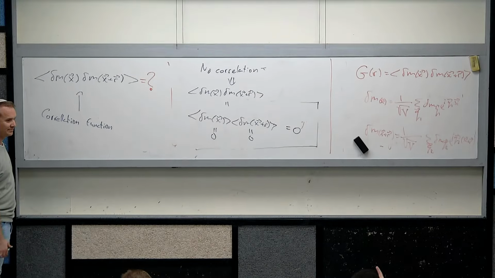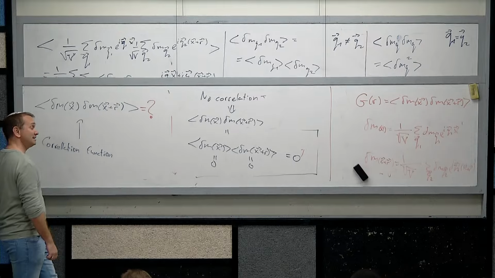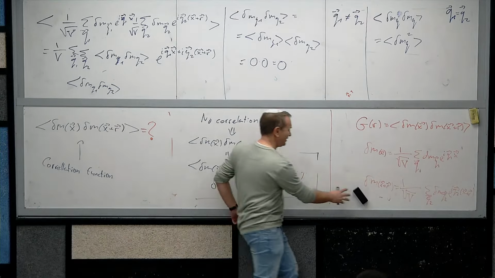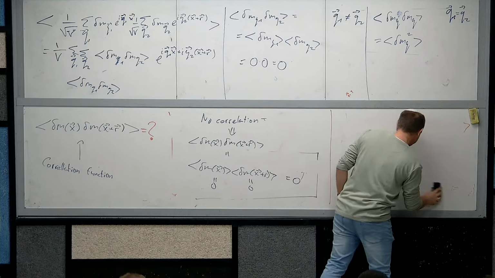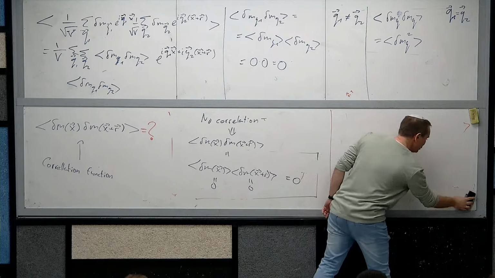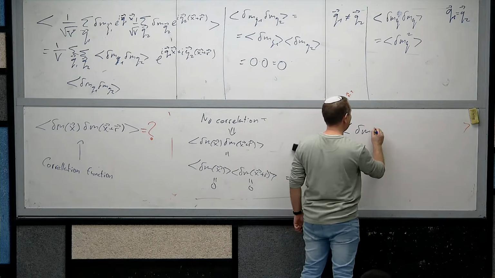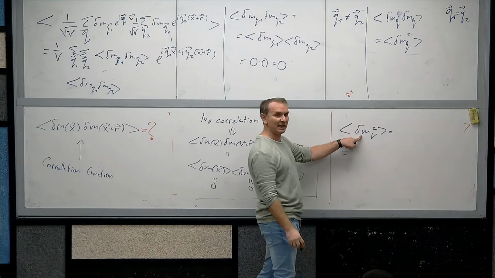This is what we computed before, right? Let's see. Okay. So I want to compute the average of delta M Q squared. First of all, what is delta M Q squared?